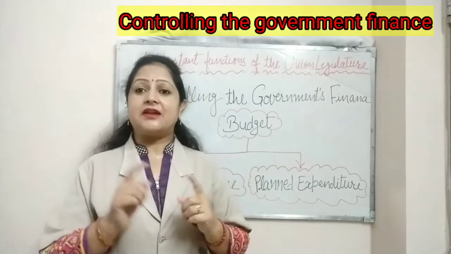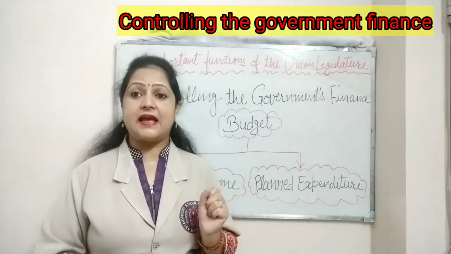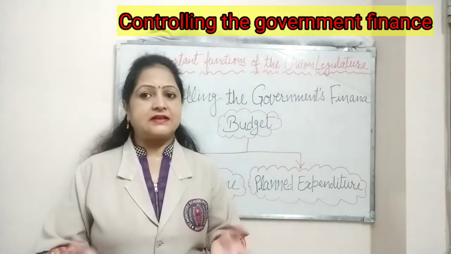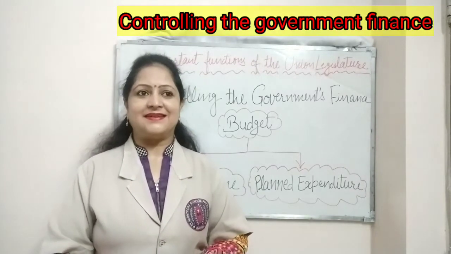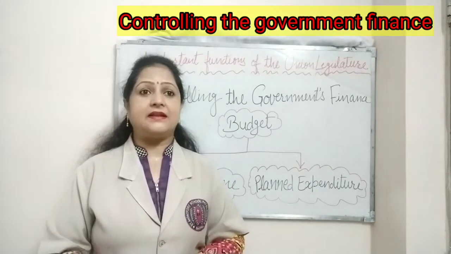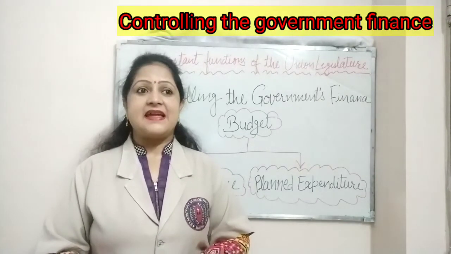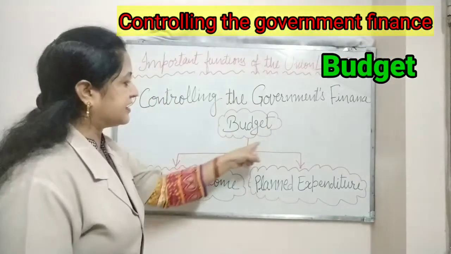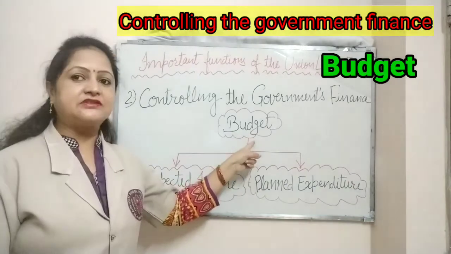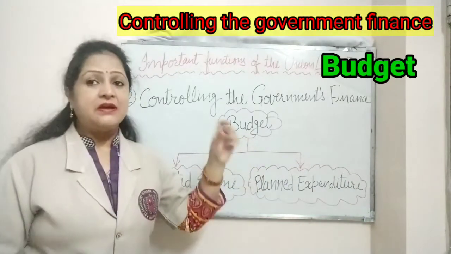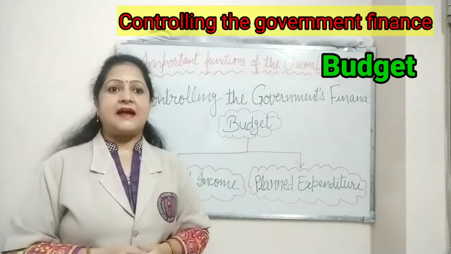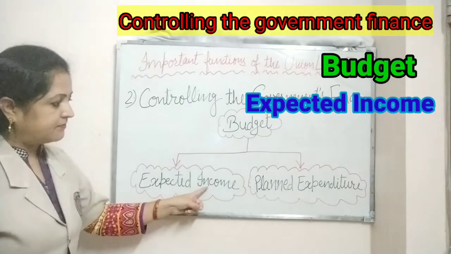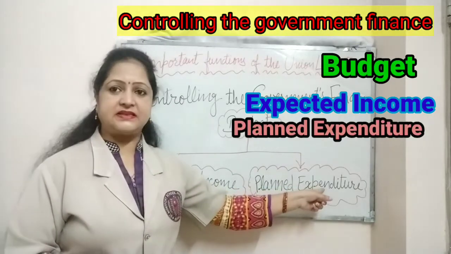The government cannot levy or collect any tax or make an expenditure without the consent of the Parliament. Every year, the government has to place its budget, that is the annual financial statement, before the Parliament, and the budget shows the government's expected income and planned expenditures.